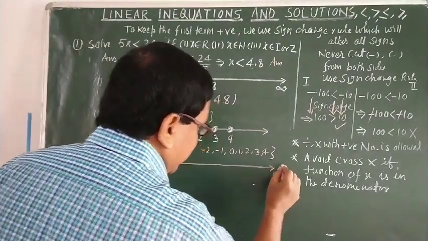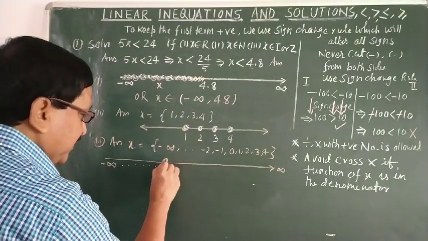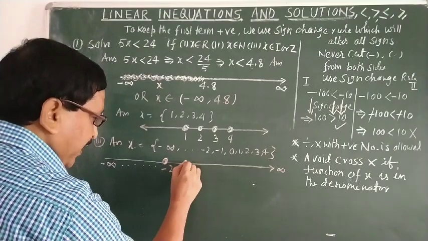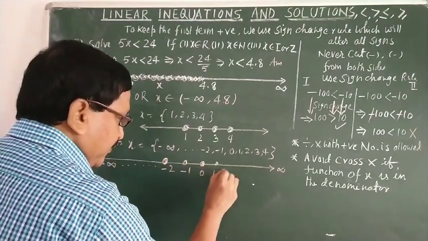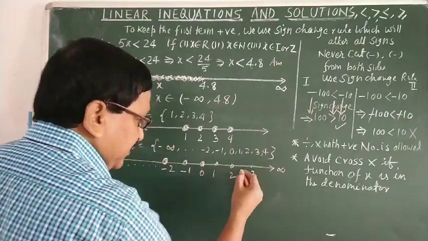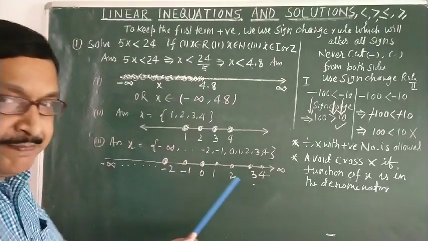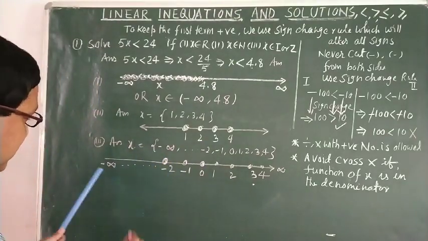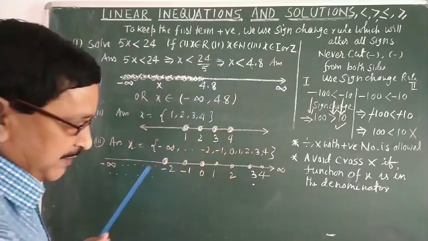If you are interested in drawing the graph, it will run continuously: minus 2, minus 1, 0, 1, 2, 3, 4. So these are the answers with gaps. This is the continuous answer starting from this, and all the integers less than this have been taken.